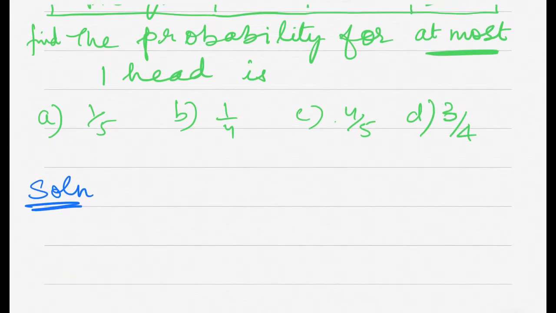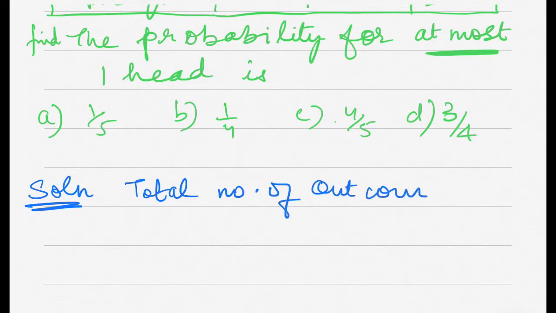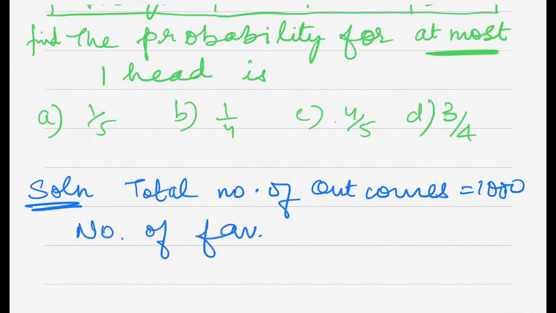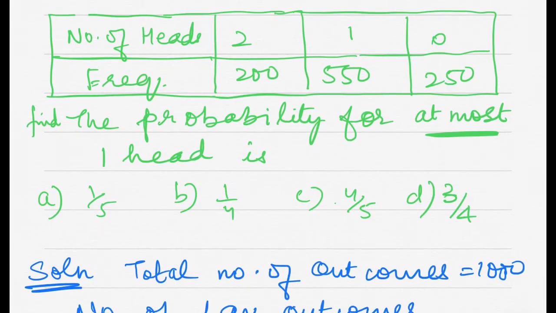So solution will say, first I have to find out the total, they are given directly. So total number of outcomes are 1,000. Now number of favorable outcomes. Here you have to remember at most 1 head means it can be less than 1 head also.